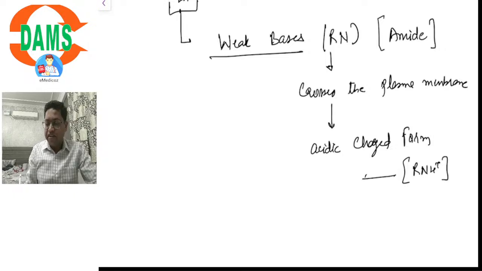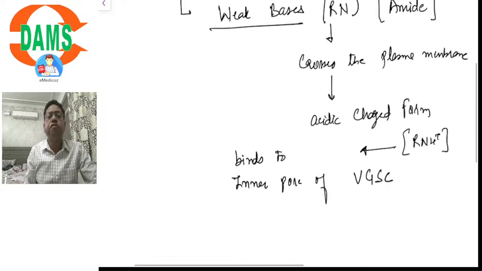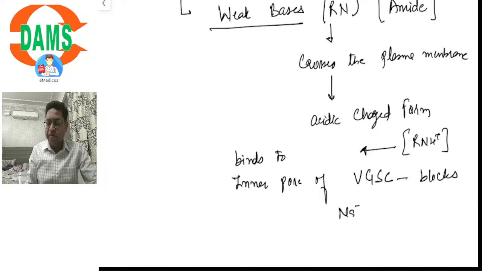And this acidic charged form of the local anesthetic binds to the inner pore of voltage gated sodium channels. VGSC stands for voltage gated sodium channels, and it blocks sodium conduction. This is the basic mechanism of action of local anesthetics, which are weak bases.